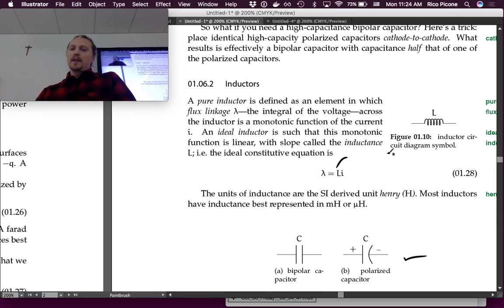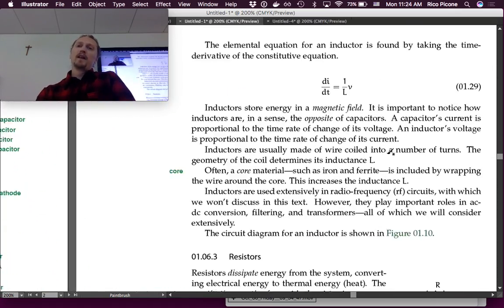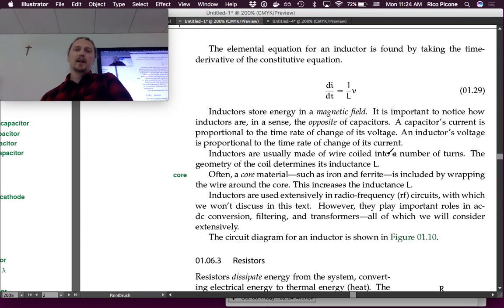And if you take the time derivative of that, you get the elemental equation for an inductor, di/dt equals (1/L)v. And these inductors store energy in their magnetic fields. Okay, so that's all stuff that we've seen.